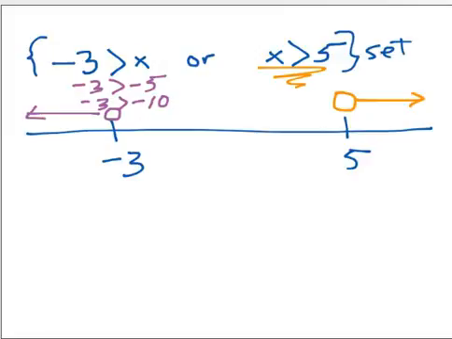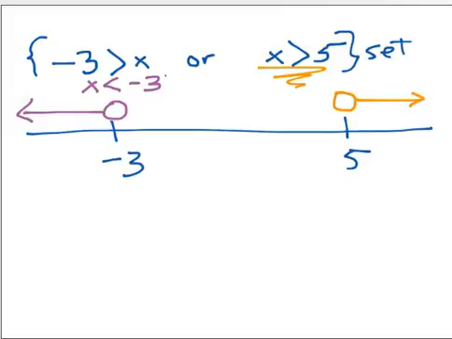Now again, if you struggle with that, let's go back and rewrite it: x less than negative 3. So we go to negative 3 and we draw our open circle. It's open because it's not equal to it. And we are now looking for numbers that are smaller than negative 3. And once we say that, we usually know that it means it's going that way.